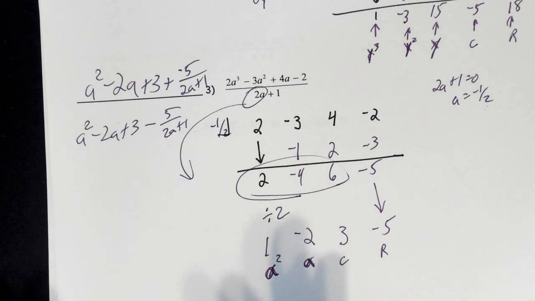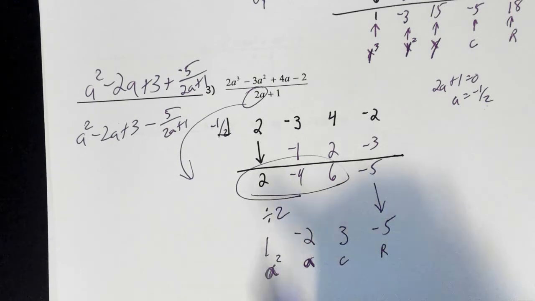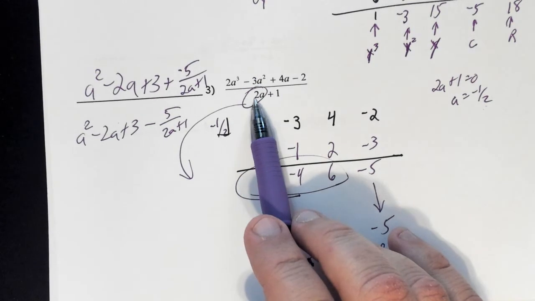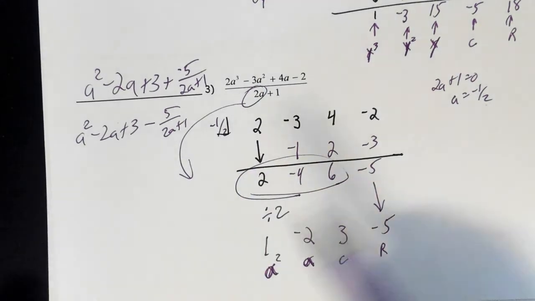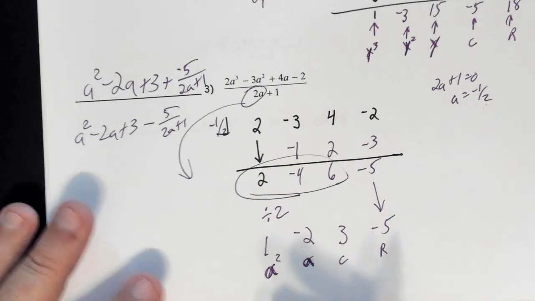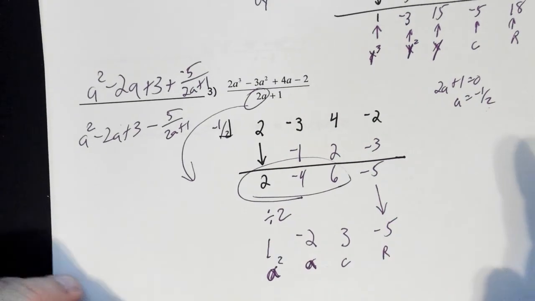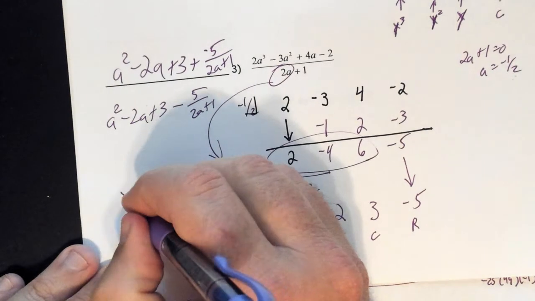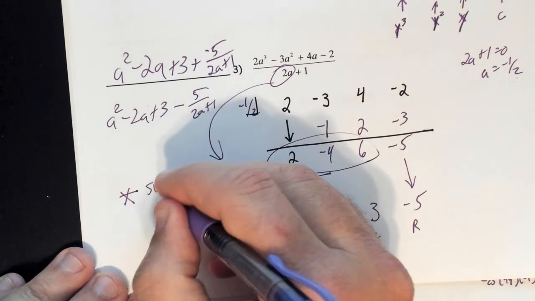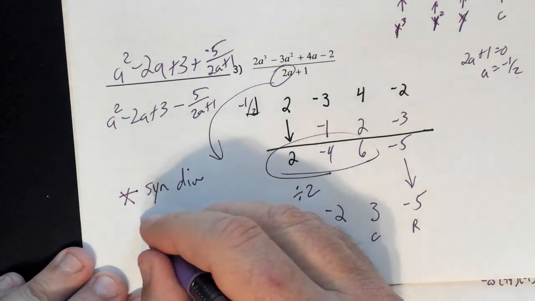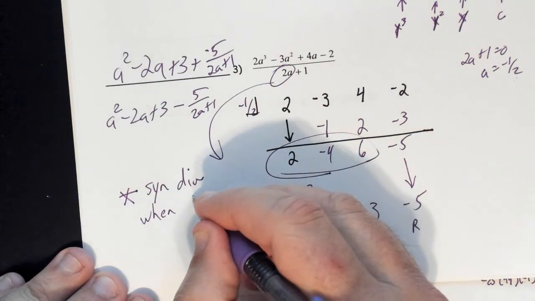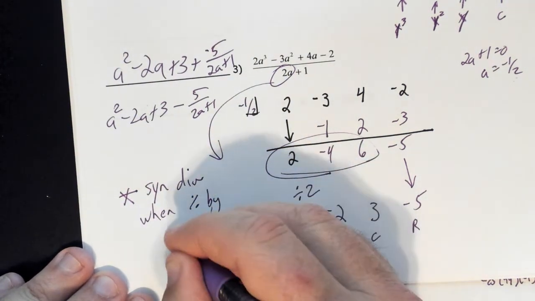So don't forget zeros for values that are missing. And if you happen to divide by a binomial that has a 2 or some number in front of the a or x, divide by that number. Now, the only thing is, you can only do synthetic division when dividing by a binomial.